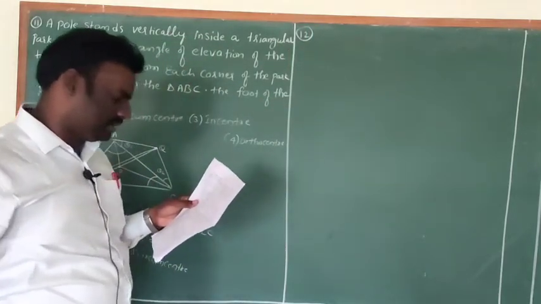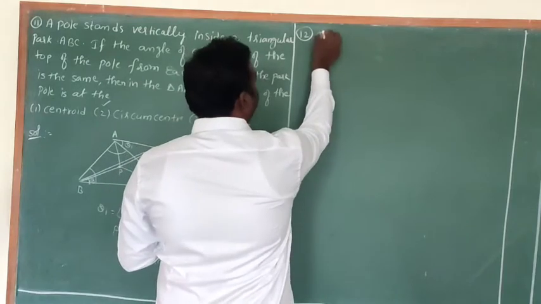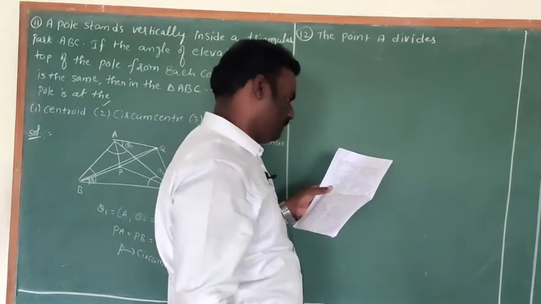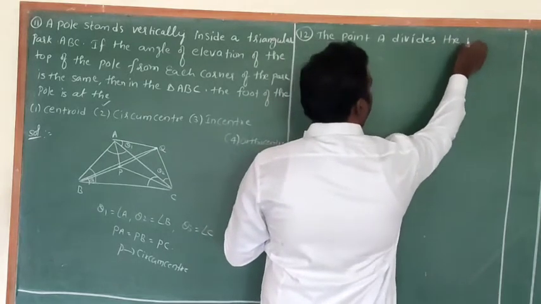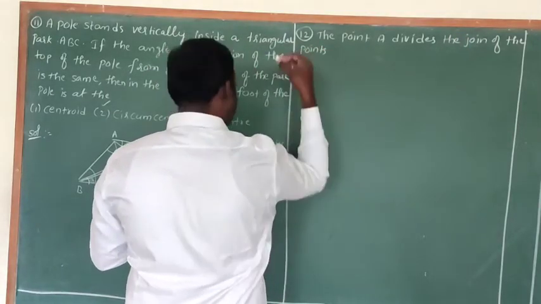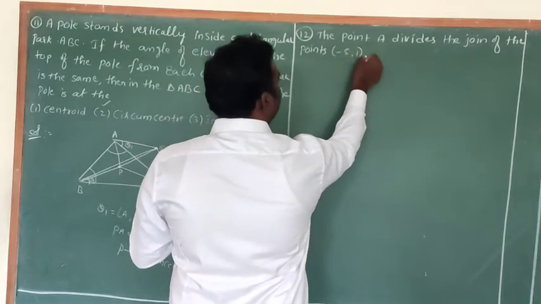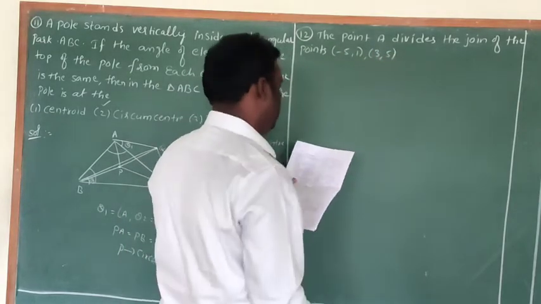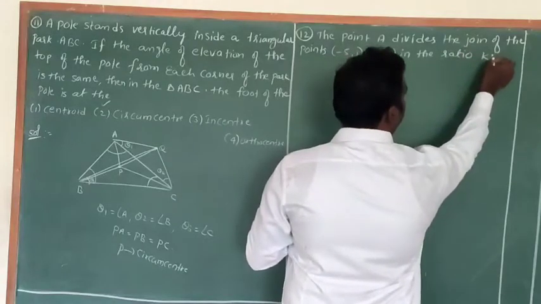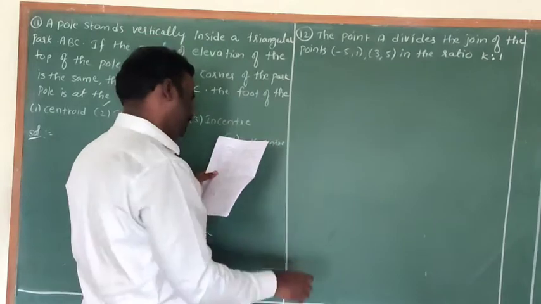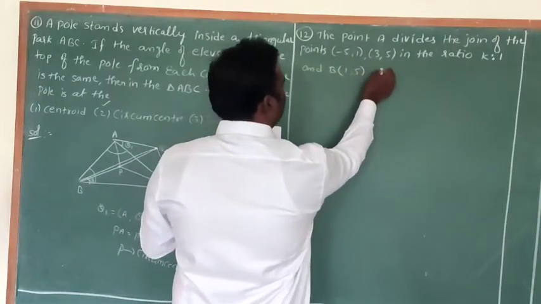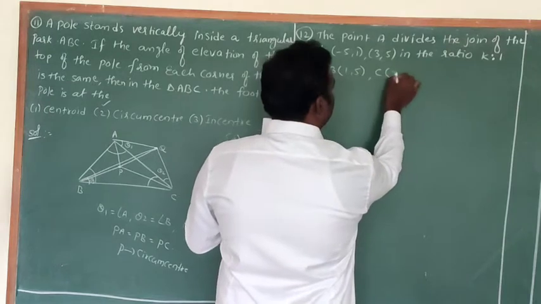12. Listen, the point A divides the join of the points minus 5 comma 1 and 3 comma 5 in the ratio k is to 1, and B point is given, that is 1 comma 5, and C point is 7 comma minus 2.